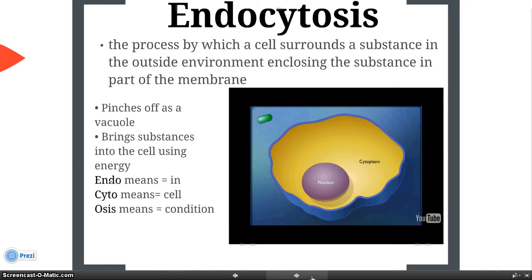The second type of active transport is endocytosis. This is the process by which a cell will surround a substance on the outside, enclose it, and then bring it into the cell.